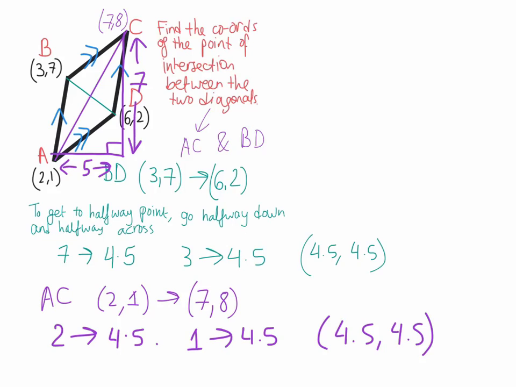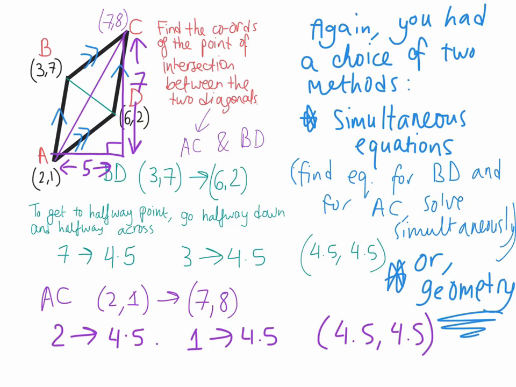And earlier I did say that we knew that the diagonals would be intersecting at this halfway point, and I've just proven that twice over. So we've answered the question, but it's a good idea to recognize that you had a choice of two methods here.